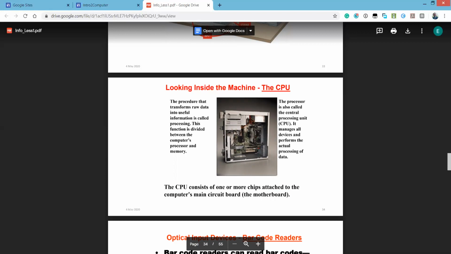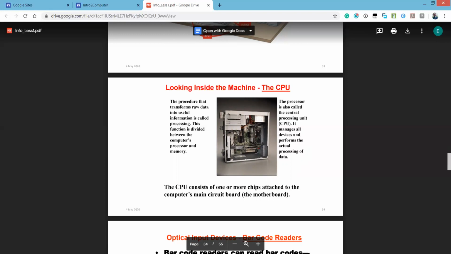The processor is more or less like the brain behind everything in the computer, and the memory serves as a temporary storage system that helps hold data for the processor while it works. We can also explain it like the processor becomes the boss, whilst the memory serves as the secretary. So whenever the boss needs something, the secretary has to fetch it for the boss. So we can just use that example to help explain what a processor and memory do in this context.